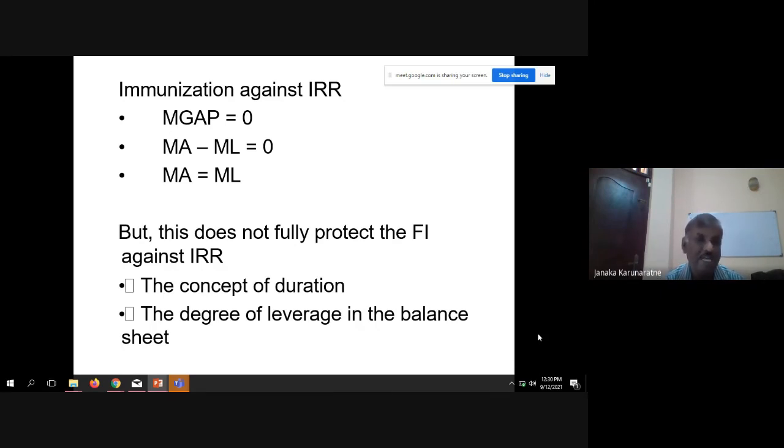Duration is if you take all those in-between cash flows also into account, you realize your investment in less than a 5-year period. Average time to maturity. So the duration is a measure which defines average time to maturity, not the theoretical maturity.